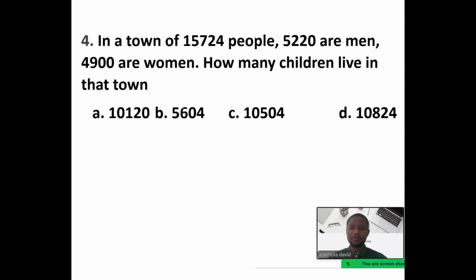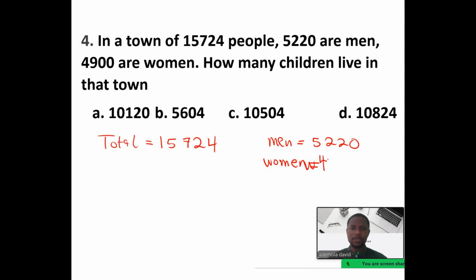Moving on to question 4. In a town of this number, 15,724, that's the total number they gave us. We are told that the men there are 5,220, while the women are 4,900.